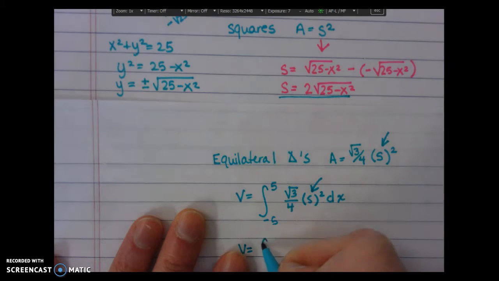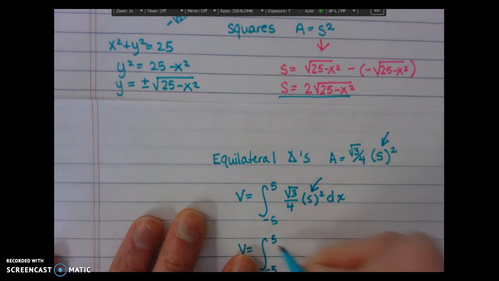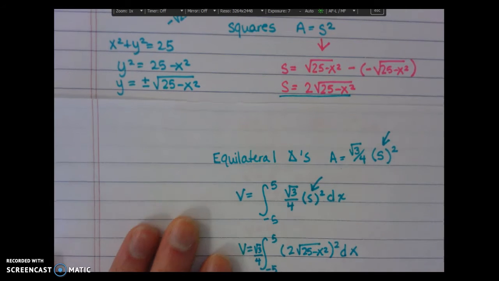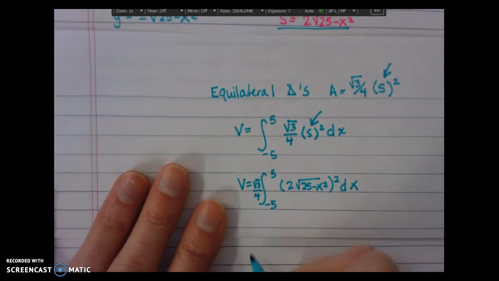So my volume, as I go from -5 to 5, I can move that square root of 3 over 4 out, which is really kind of nice. Side squared, well, our side is 2 square roots of 25 minus x squared, squared. We already know what's going to happen with that. Keep that square root of 3 over 4 out here.